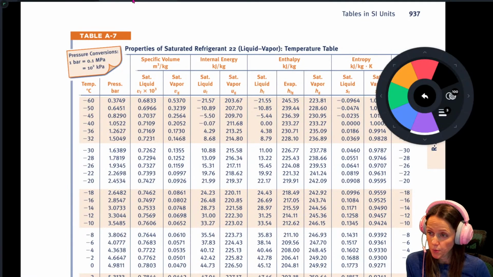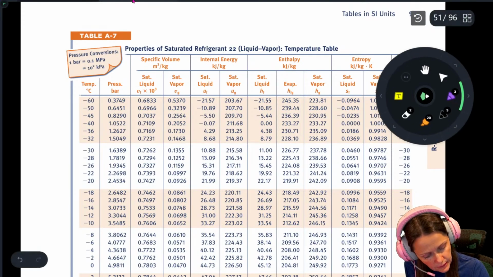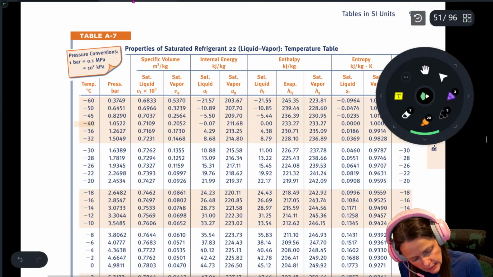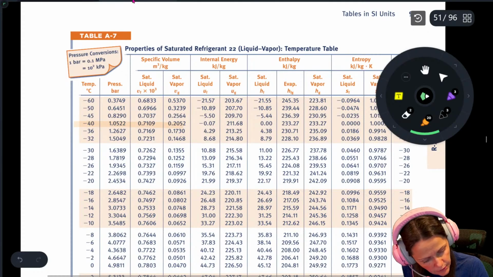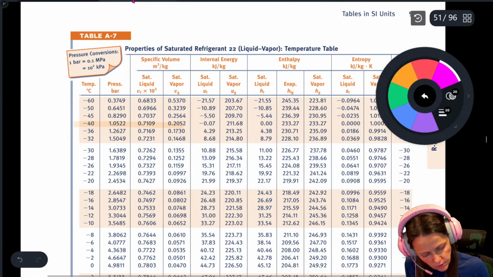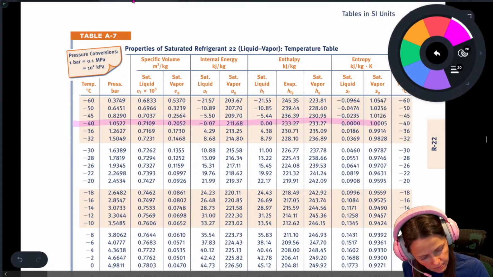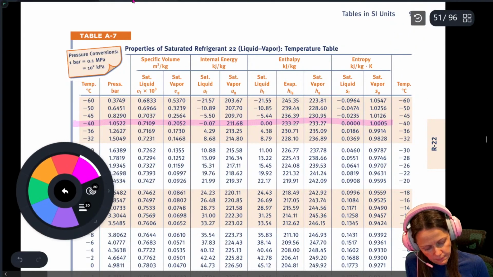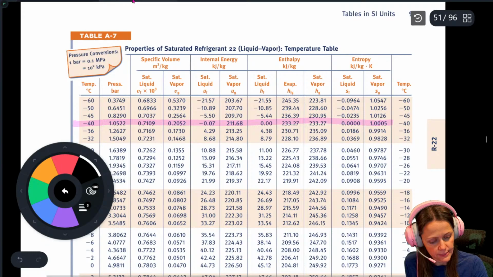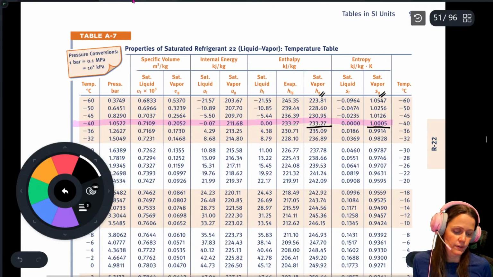Minus 40 is state 1. That's this guy right here, and actually I don't like that color. Something we can actually see. There we go. All right, so it's a saturated vapor. So there's my S value, and there's my H value.